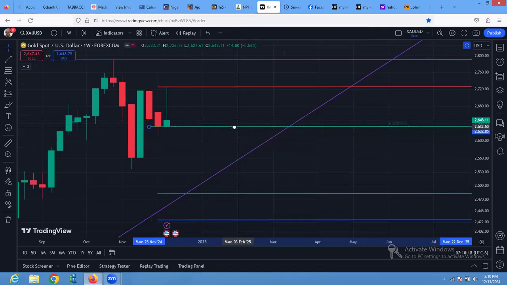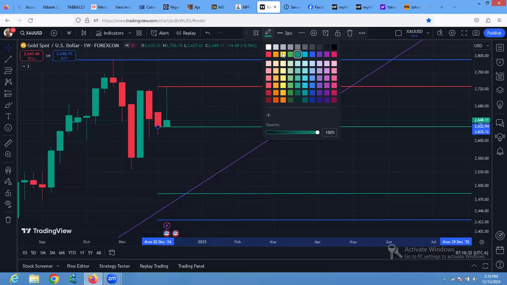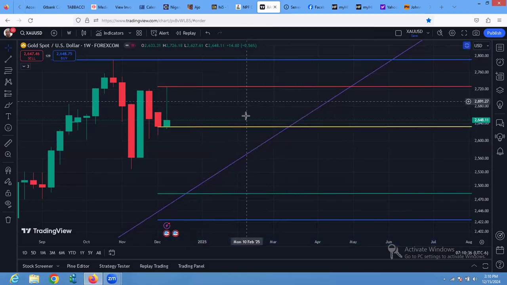I'm taking this time to do this analysis. This may help someone. Let me use the yellow line for this. Yes, so I don't expect price to come and take 26.33 in the immediate.